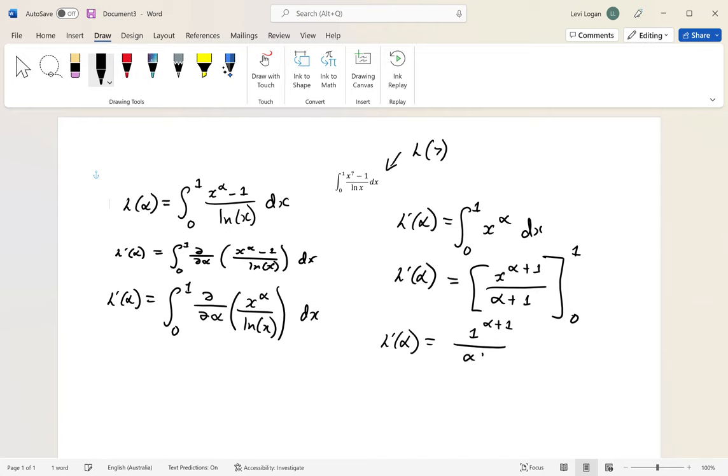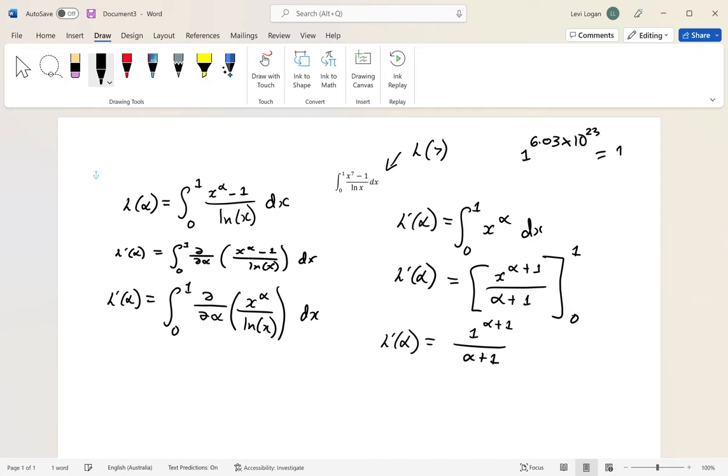minus, and this whole thing turns to 0 because you put the 0 where the x is, and divide by alpha plus 1, which gives 0. Now here's another trick. Any number, 1 to the power of any number is just equal to 1.